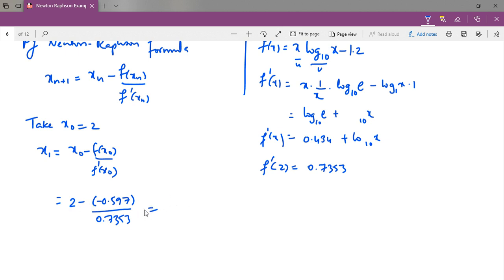Minus into minus is plus, so 2 plus this fraction gives 2.8119. So that is x1.